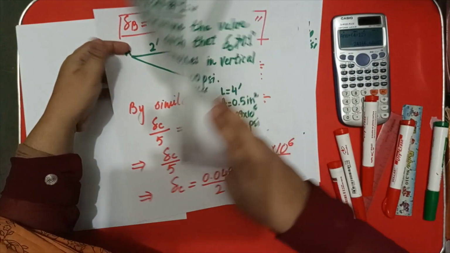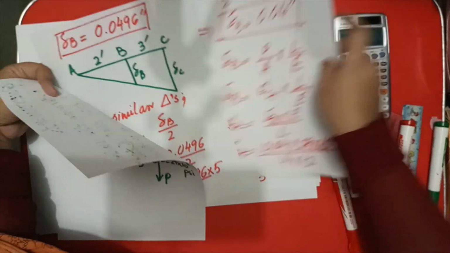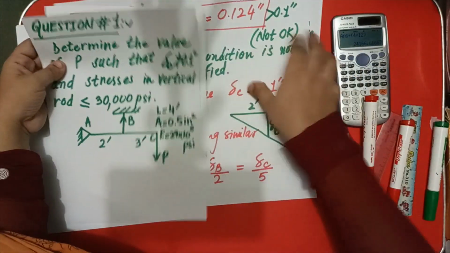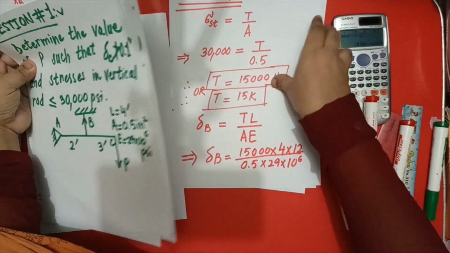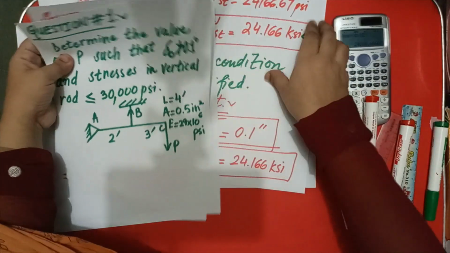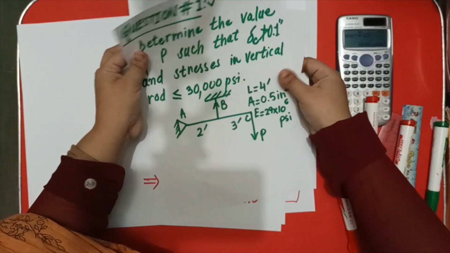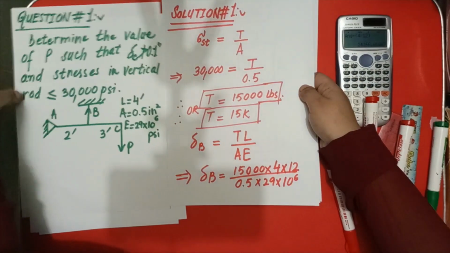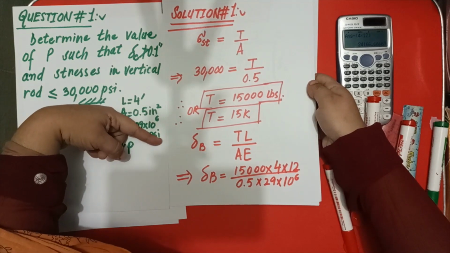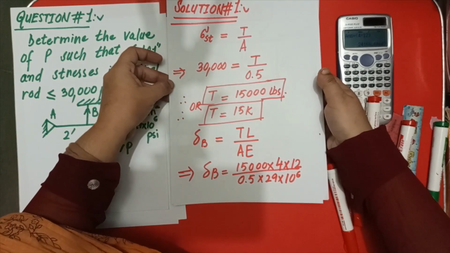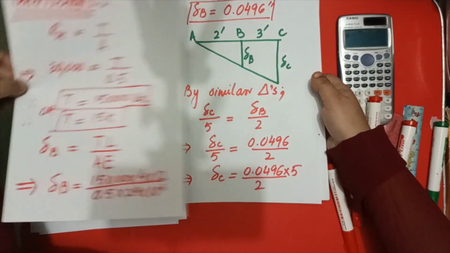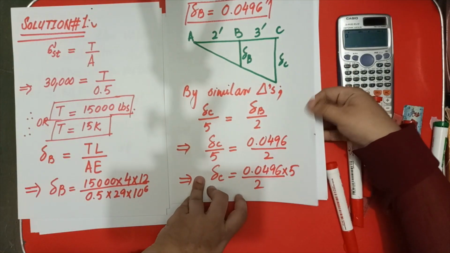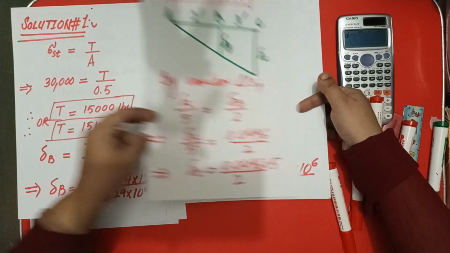But you don't know in which condition it will be satisfied, so you have to assume it at the start. So how can I do that? Let me show you in this numerical. Let me arrange it. How can we solve it? So this is question number 1. Its solution starts from here, and then this is its second step, second page.